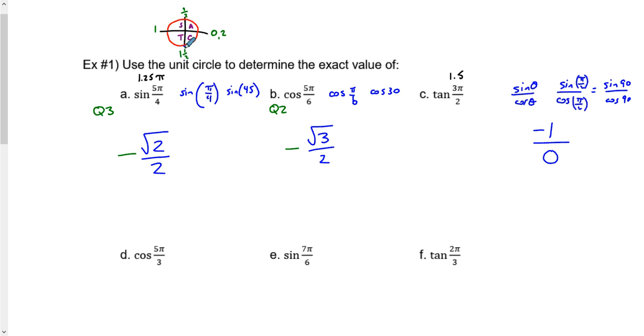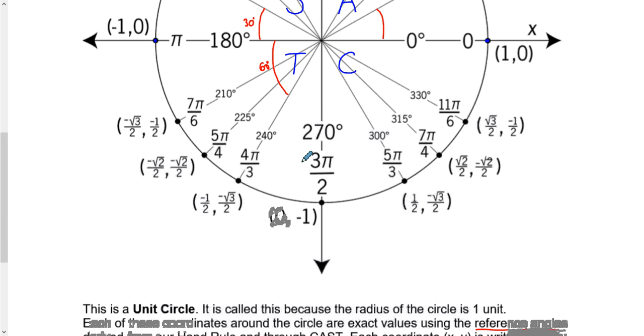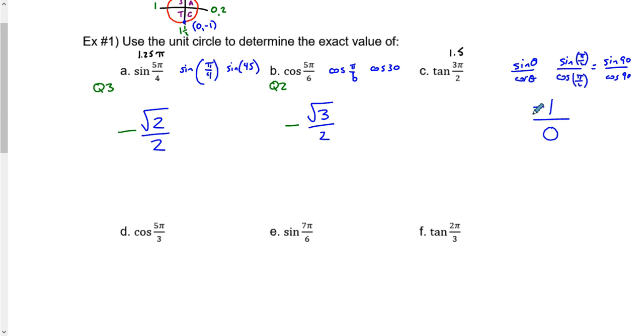At the same time, we also know that the coordinates there are 0, negative 1. So I'm going to come back to this unit circle just to say, yeah, the coordinate at 3 pi over 2 is 0, negative 1. So really, negative 1 divided by 0 is undefined. That's all there is to it.